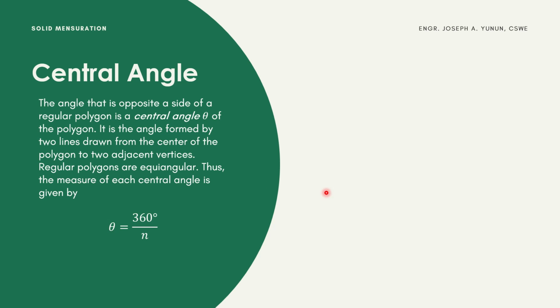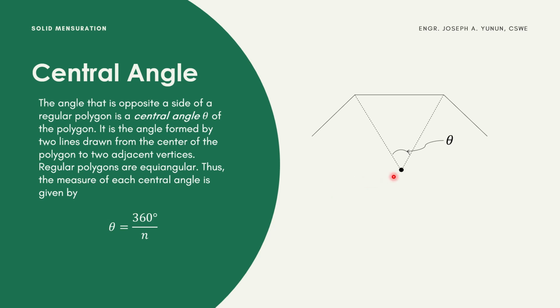The central angle. Okay, so the central angle is the opposite side of a regular polygon. Central angle theta of the polygon is the angle formed by two lines drawn from the center of the polygon to the two adjacent vertices.